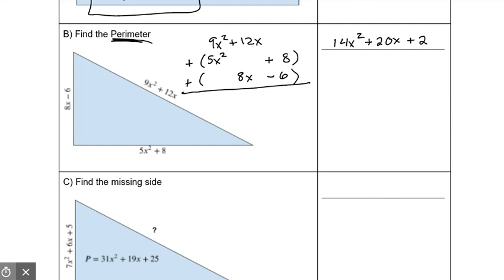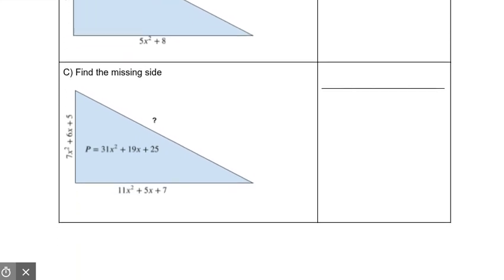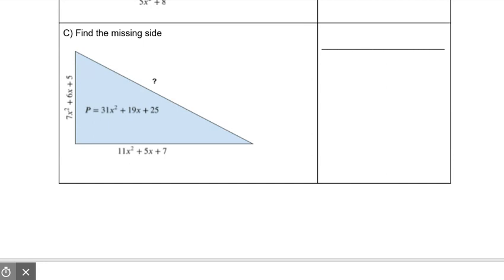And there's our perimeter. The last one uses the idea of perimeter, but we're actually finding a missing side. So we have the known answer, the known perimeter, and then we have 2 of the 3 sides of our triangle.